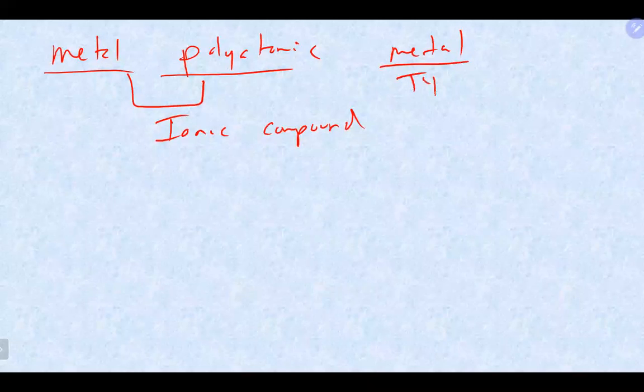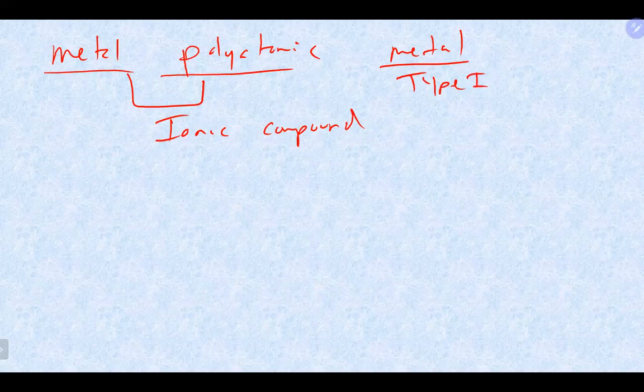You'll either have the type 1 metal, which does not need a Roman numeral, or the type 2 metal that does need a Roman numeral. And most importantly, if you have multiple polyatomic ions, you have to put the parentheses around them to indicate how many you have, with the number on the bottom as well.